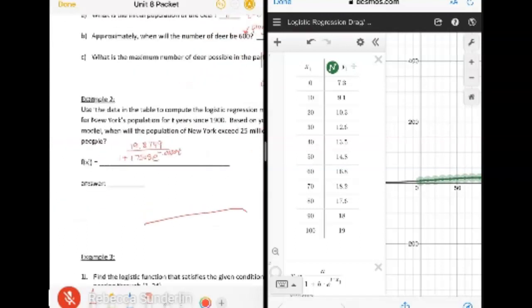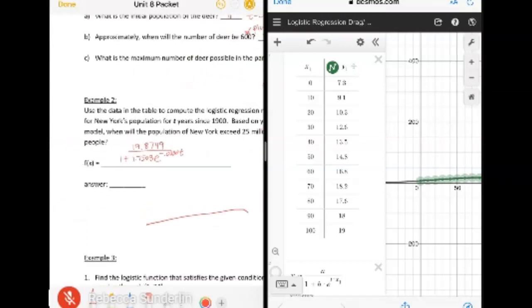However, our top number, our carrying capacity, is 19.87 million. That's as much population as we can have. 19.87 is less than 25. What does that mean? Yes, it will never reach 25 million people. Never. Okay.